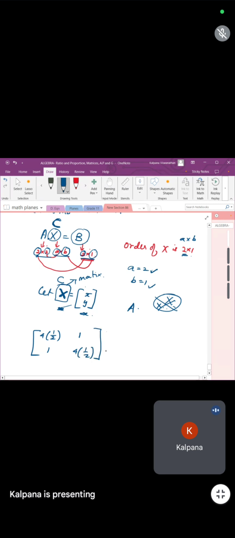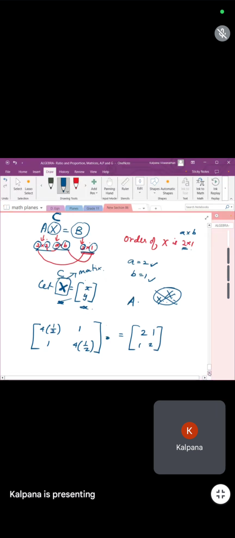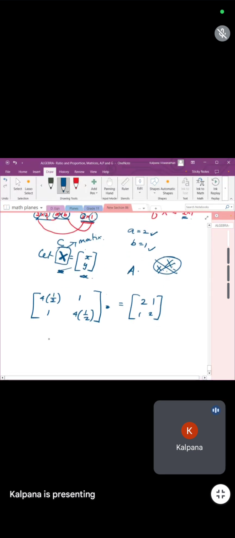For writing the right trigonometric values and solving, you will get marks. So this is basically 2, 1, 1, 2. So your matrix A, 2, 1, 1, 2, into x, y is equal to the column matrix 4, 5.